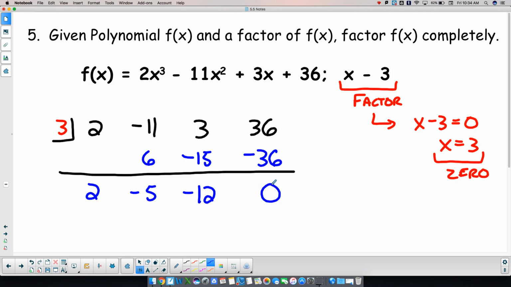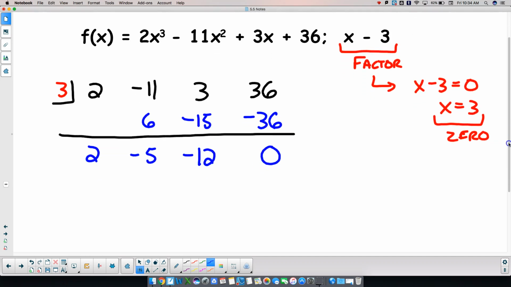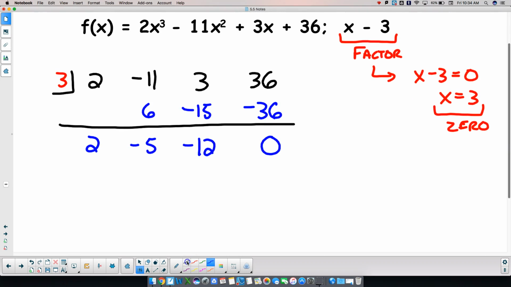So my question now is, how can I rewrite f of x so far? F of x is what times what?